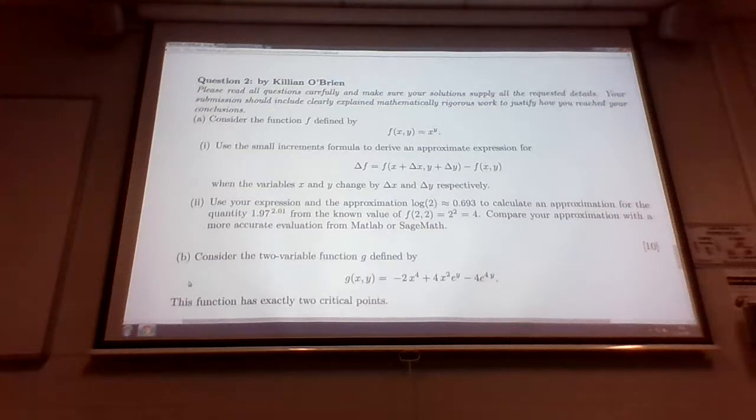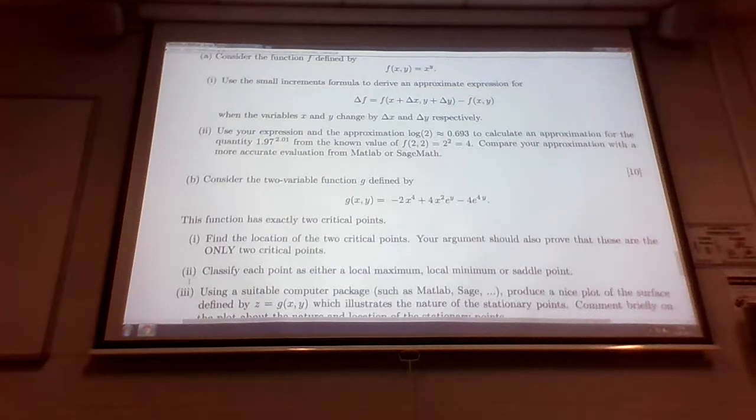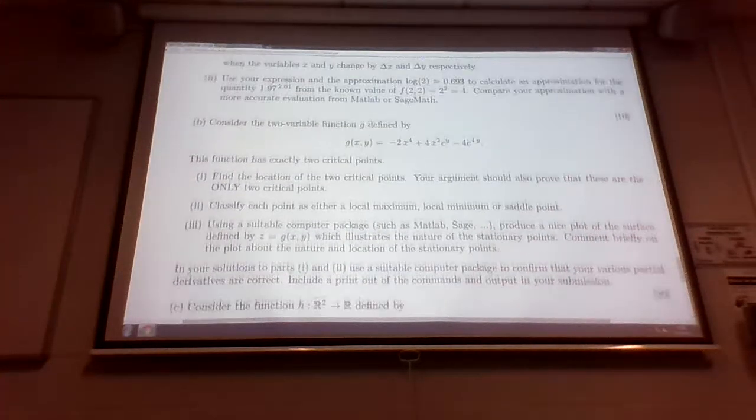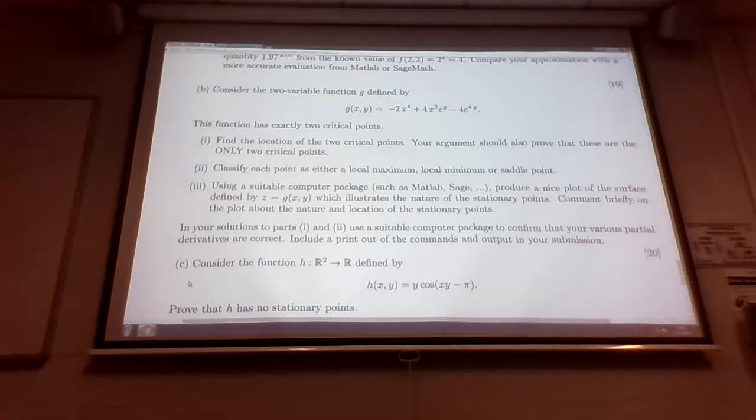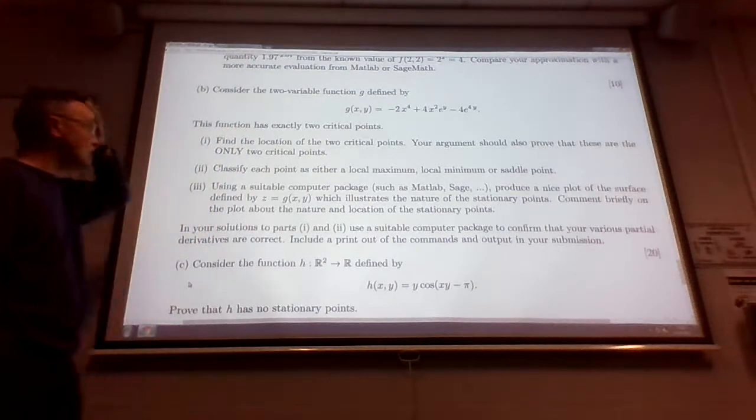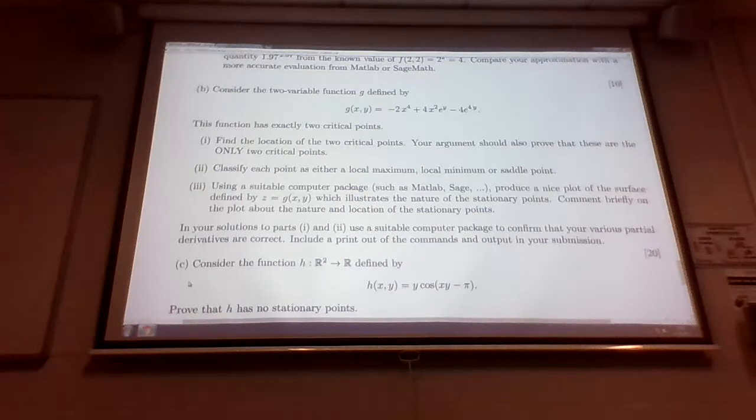So that's part A. Parts B and C are about stationary points. Okay, and after I've done this little introduction to the coursework, I'm going to show you some examples of stationary point calculations. In part B, you're presented with a function g of xy, and you're told that this has 2 critical points, 2 stationary points.